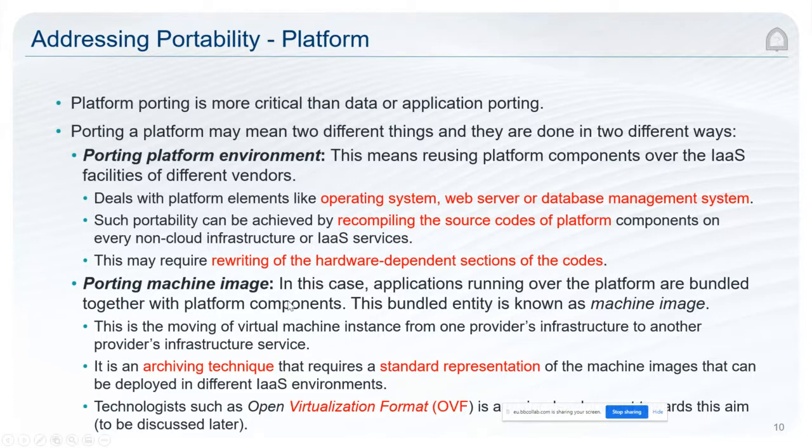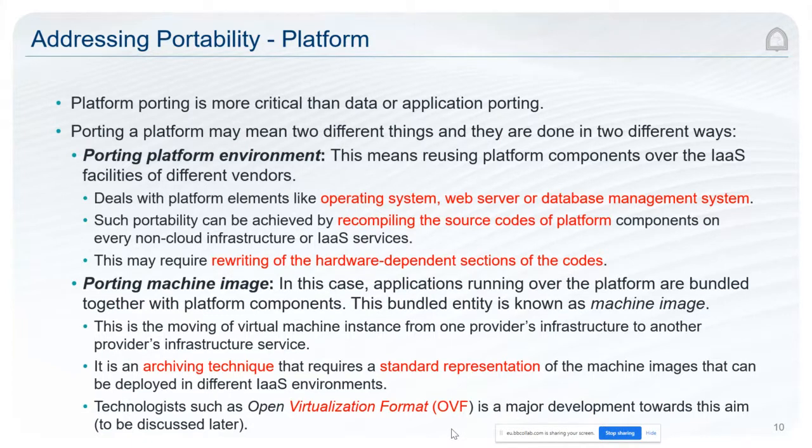And the other one is porting machine image. In this case, we have a bundle of machine images. They are the seeds for virtual machines. And this is porting machine images. This is the scheme used in AWS. We have a collection of machine images, and then you can instantiate instances from these machine images.